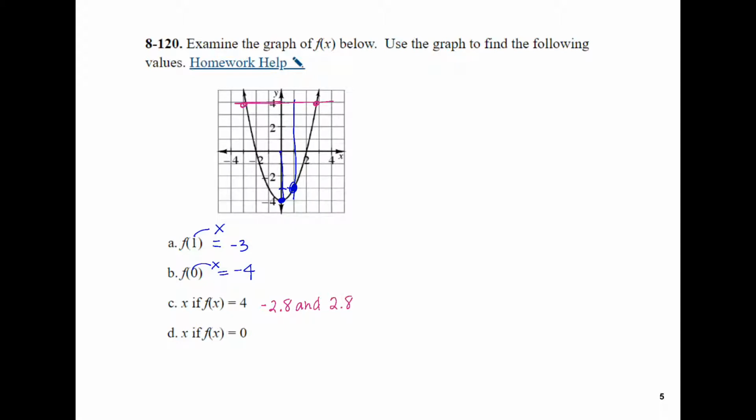Letter D says x if f of x is equal to 0. So if y equals 0, what are our x values? Well, it happens to be our x-intercepts, so 2 and -2.